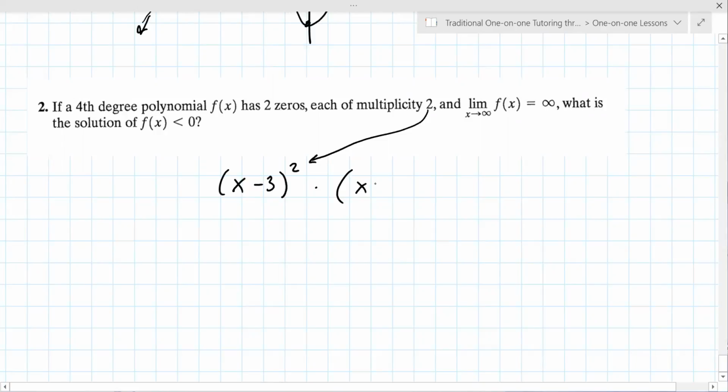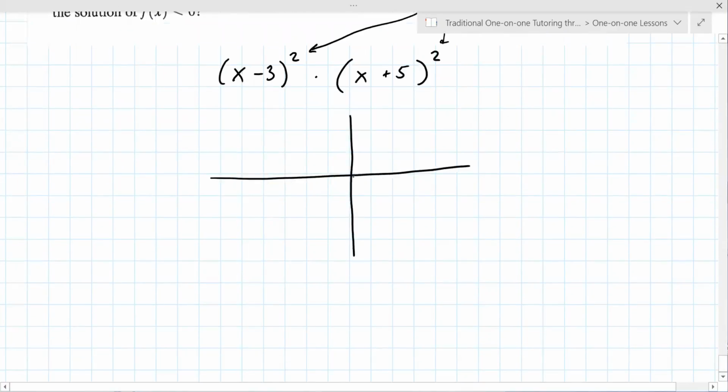Let's say it's at -5. This is your second 0. And here's what that means graphically. It touches at -5 and at 3.